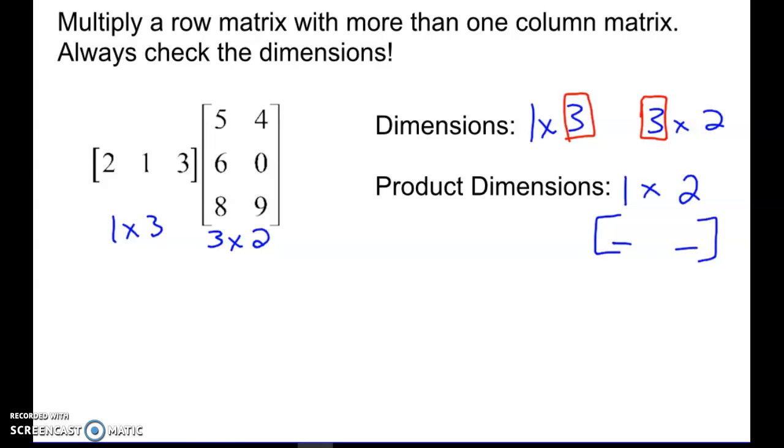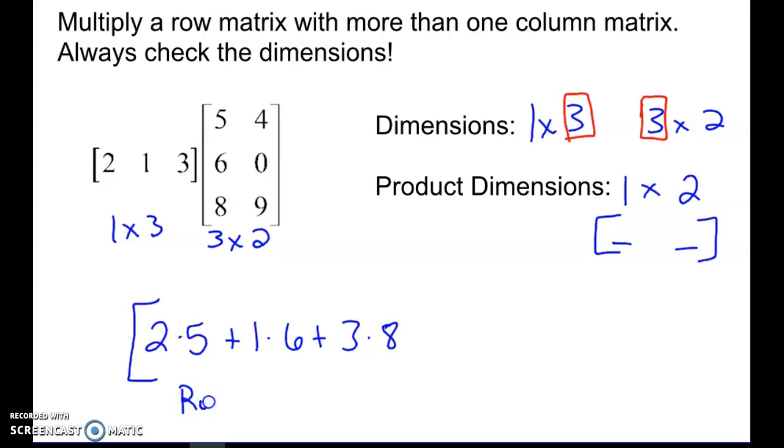So let's try this. If I do the first row times the first column, this is how it will look. I'm going to go 2 times 5 plus 1 times 6 plus 3 times 8. That was my first row times my first column.